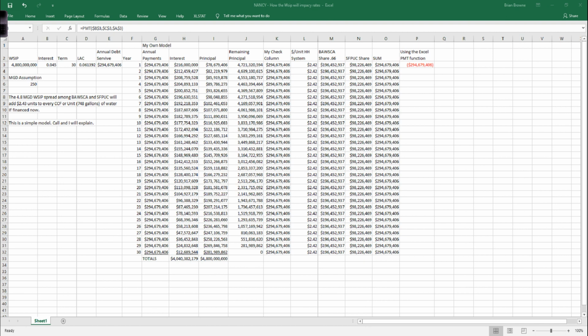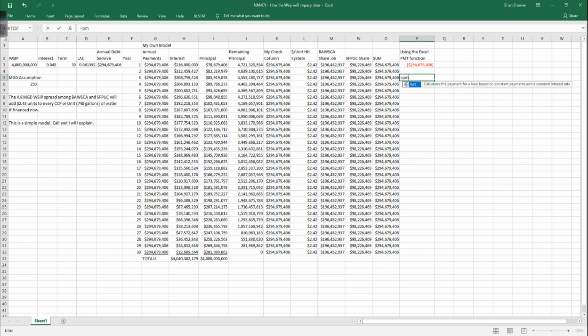Yeah, you put in the present value, and C3 you put in the term, and A3, which is the last one, A3 is the interest rate. It's quite simple. You just write the expression equals PMT, and then you'll see the parens. I'll show you here.